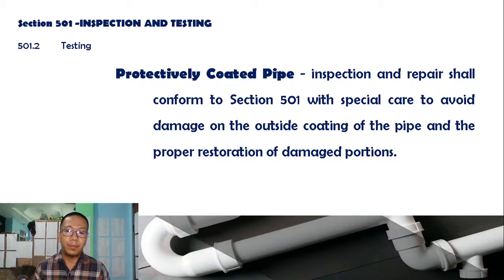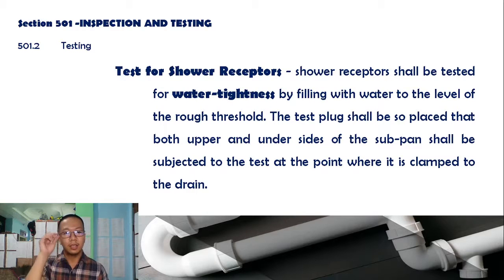Protective coated pipe. Inspection and repair shall conform to Section 501 with special care to avoid damage on the outside coating of the pipe and the proper restoration of damaged portions. Next is the test for shower receptors.